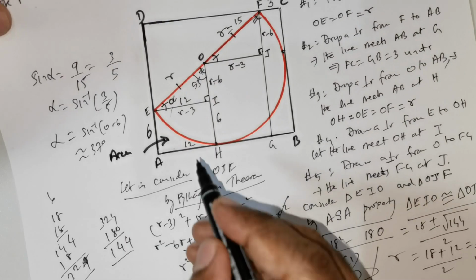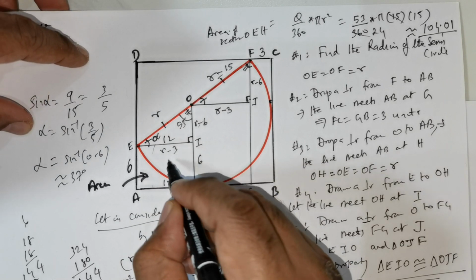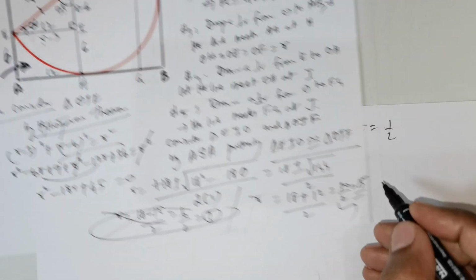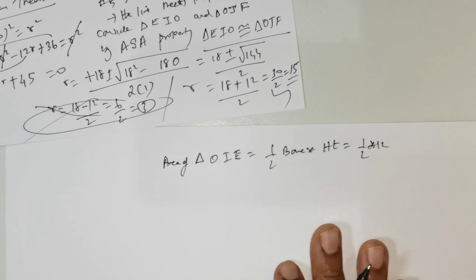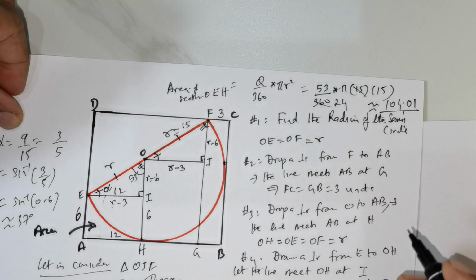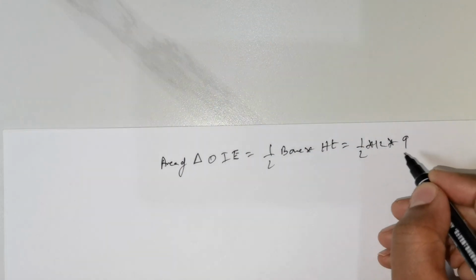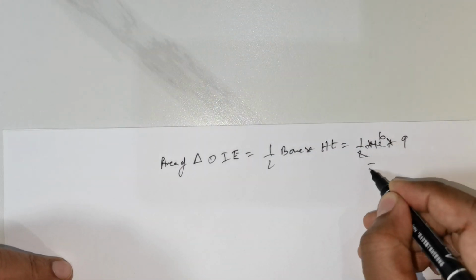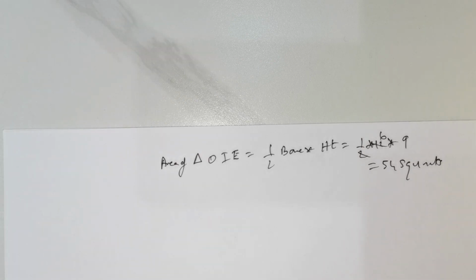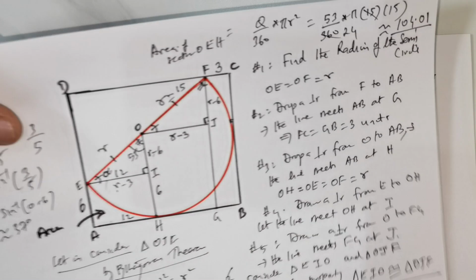Half times, what is the base here? The base is r, which is 15 minus 3, that's going to be 12 units, times the height 15 minus 6, that's going to be 9 units there. So 2 divides here, 6 times 9 is 54 square units. That is the area of the triangle.